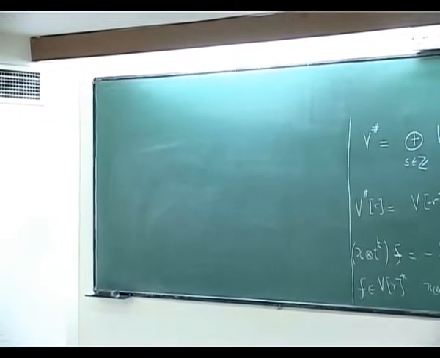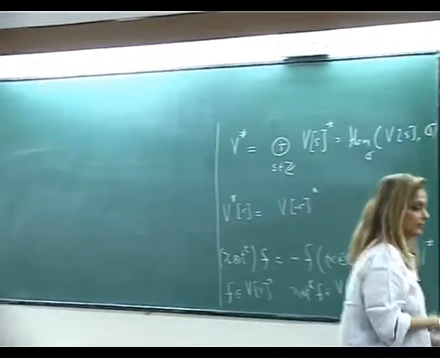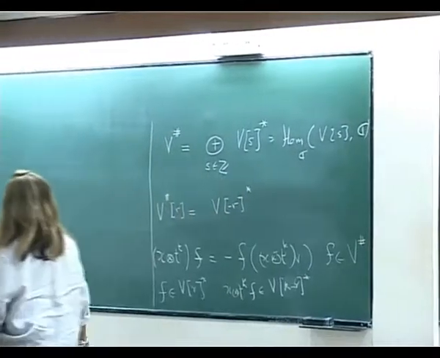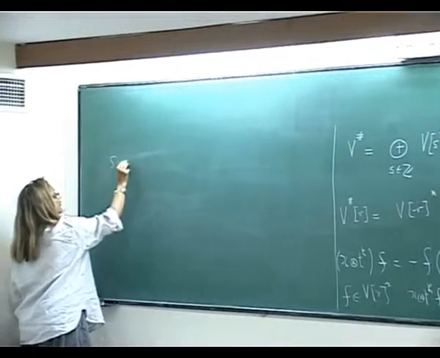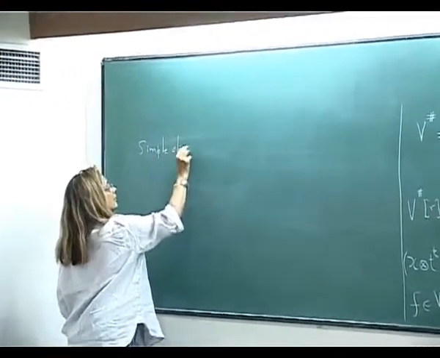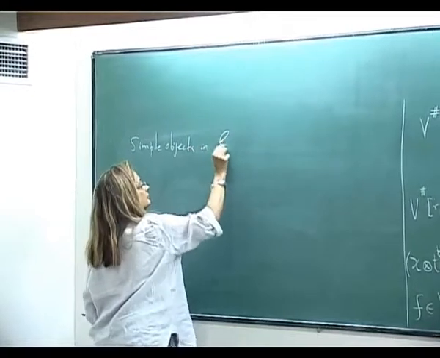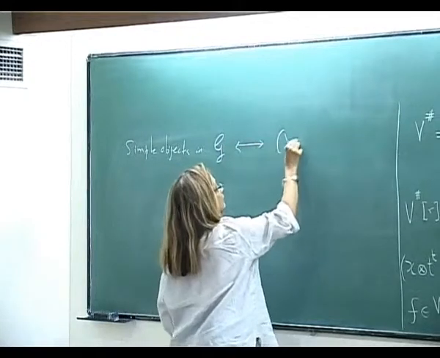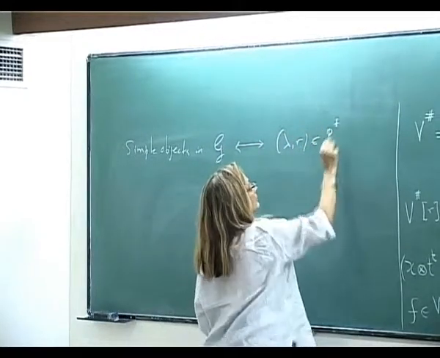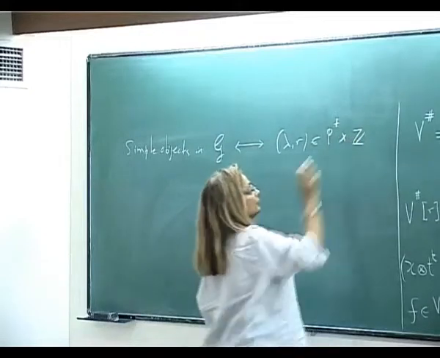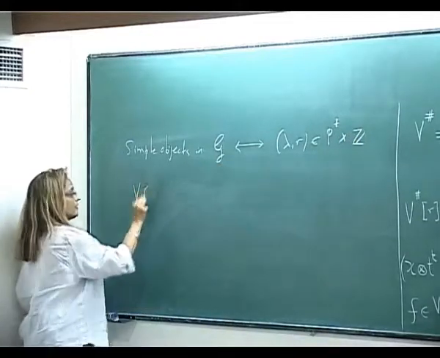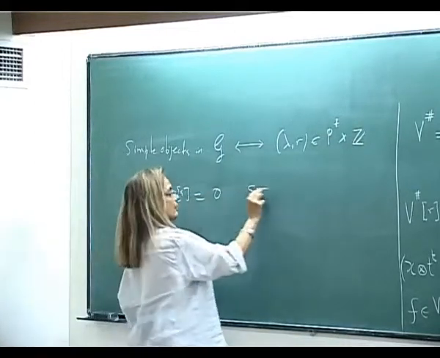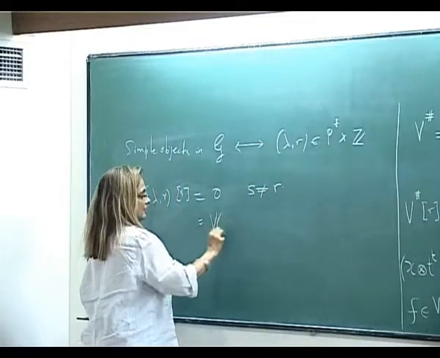The dual of a sum of finite dimensional representations is finite dimensional, and so it actually lives in that. Okay, so then we discussed what the simple objects in G were. The simple objects in G, I'm talking about, are indexed by pairs lambda, r, which belong to P plus cross Z. And the representation V lambda r was defined by taking the sth graded piece to be 0 if s is not equal to r, and to be V lambda if s is equal to r.